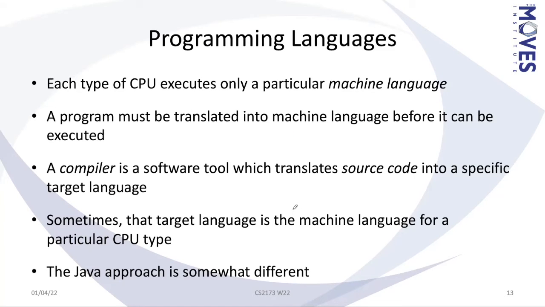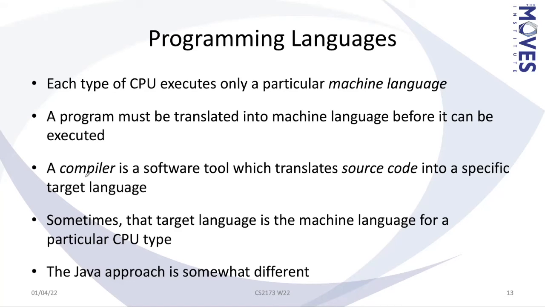Okay, so now the thing about programming languages is that each CPU has its own particular machine language. If you have an Intel chip or an AMD chip, or these new Apple chips, they have their own machine language that talks to them. Regardless of what platform you're using, every program has to ultimately be translated into machine language so it can be executed.